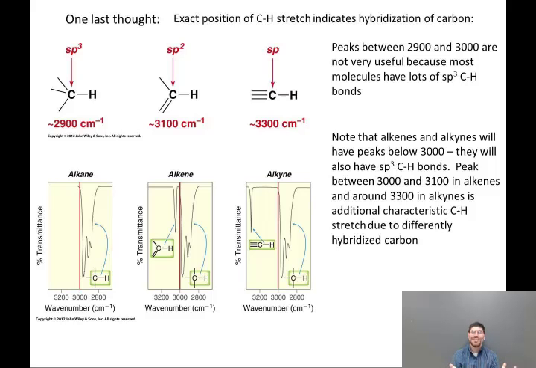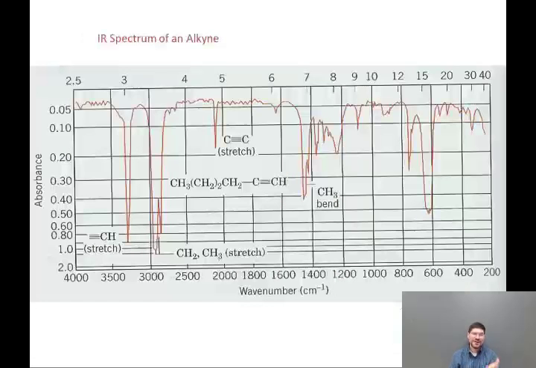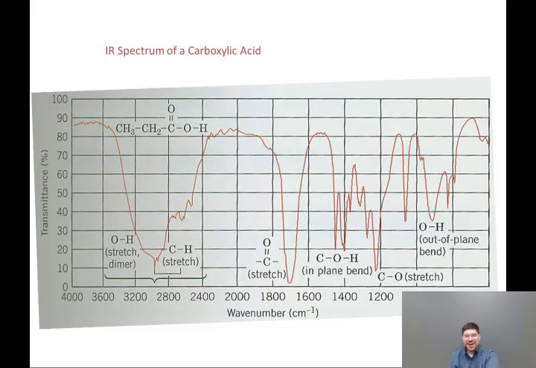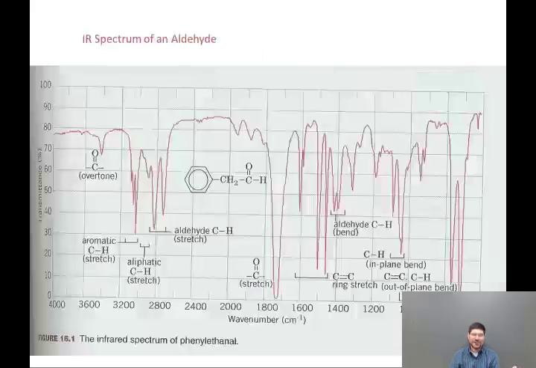So as I said, virtually every IR spectrum, if we go back and look at them, do they have peaks between 2900 and 3000? Yes. Aliphatic CH stretch. Do we have them here? Yes. Do we have them here? They're there. You can't see them because they're overwhelmed by the carboxylic acid, and we have them here in the alcohol also.